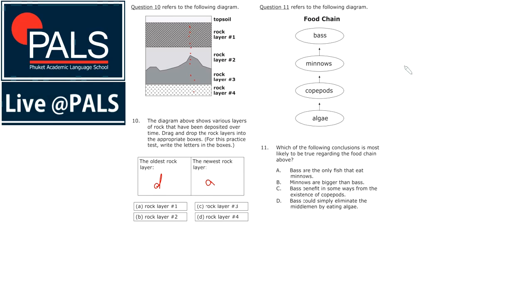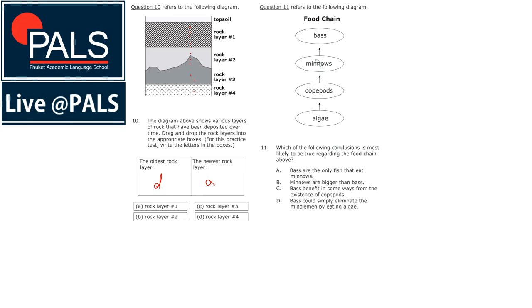And another diagram that shows all the feeding links in an ecosystem is a food web. So since we have a food chain here, it doesn't show all the feeding relationships. It only shows one possible way that the energy can flow through our ecosystem, that is from algae to copepods to minnows to bass, but it doesn't mean that bass doesn't have any other food source.